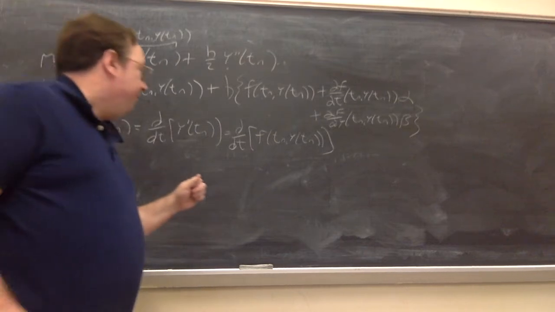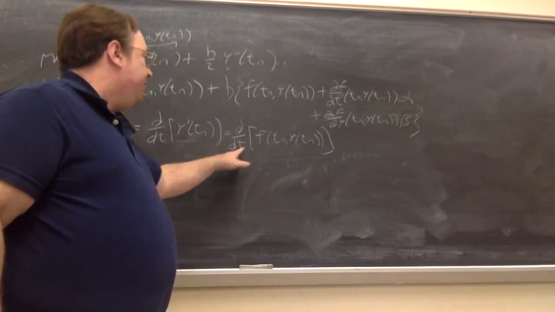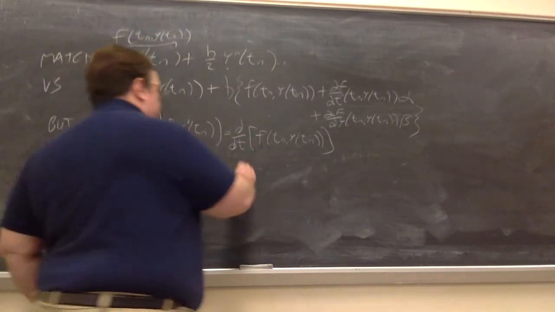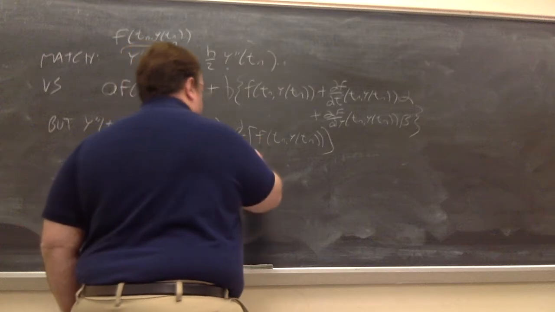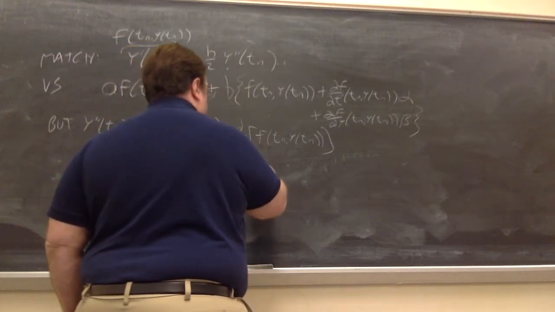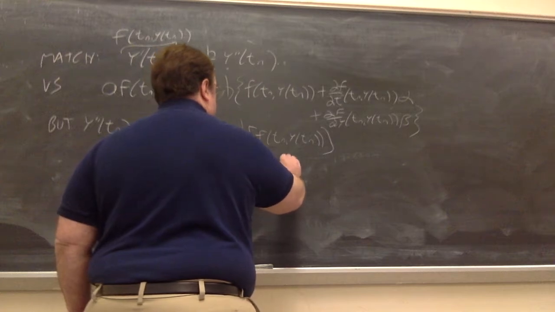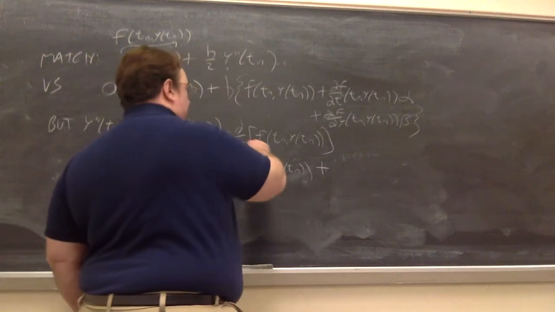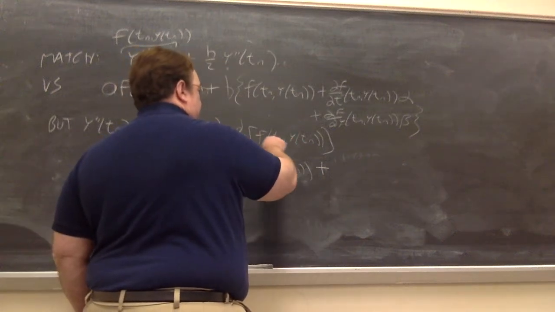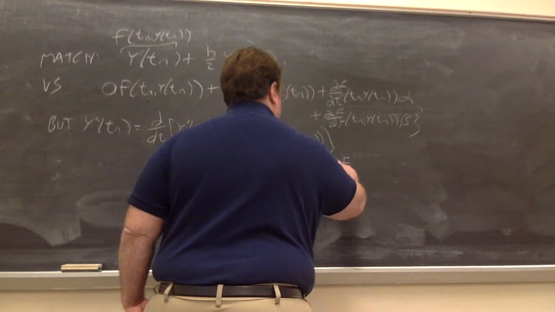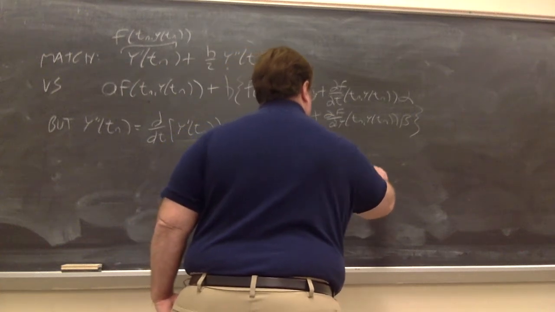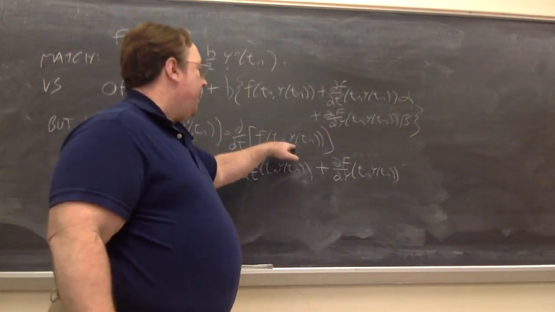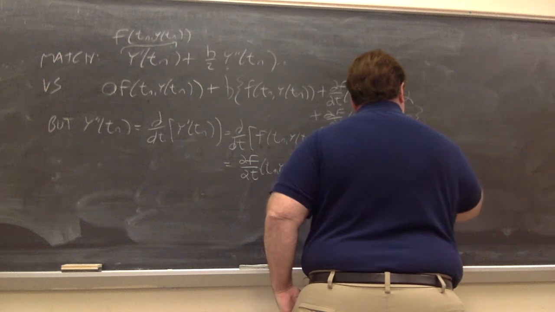Now, if I carry out the derivative of this with respect to t, this is a function of two variables. So by chain rule, it'll be partial of f with respect to t at Tn, y of Tn, plus, by chain rule, partial of f with respect to y times the derivative of y with respect to t.